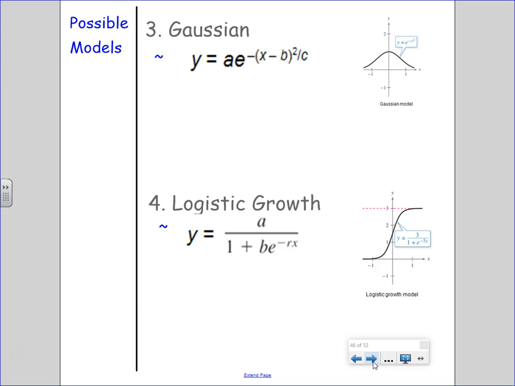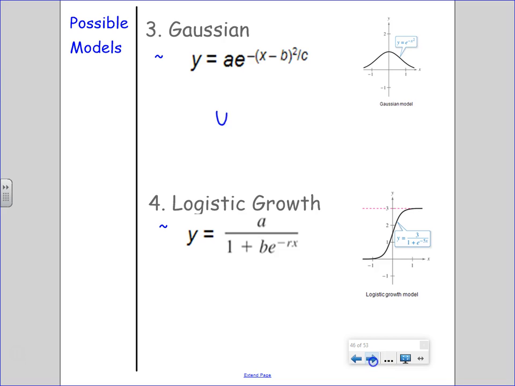The first one is called Gaussian. Might be referred to as a bell curve. Might have heard that before. Just a special type of exponential function.